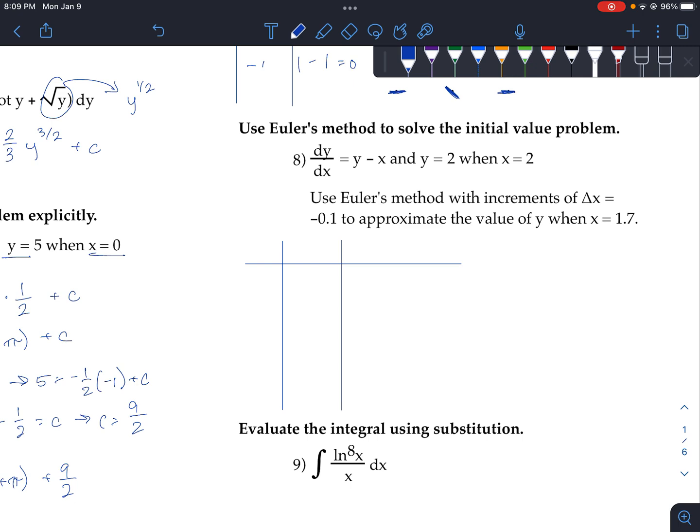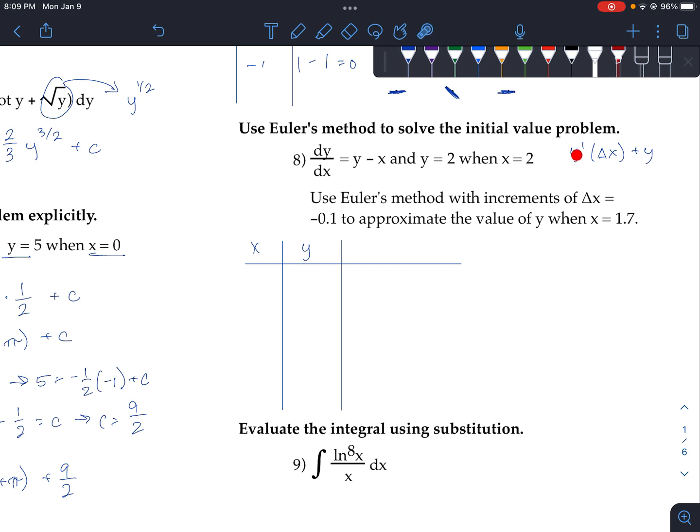So in this table, I'll make a table of x and y values, and then in this column right here, I put in the value of y prime multiplied by dx plus y.